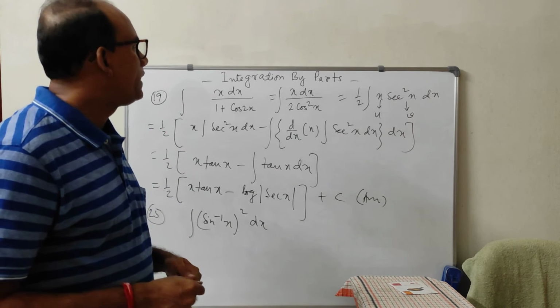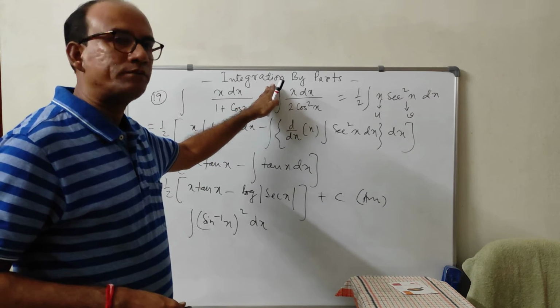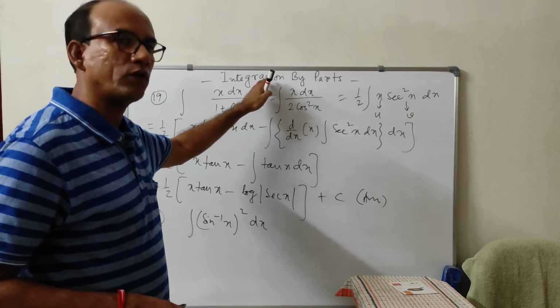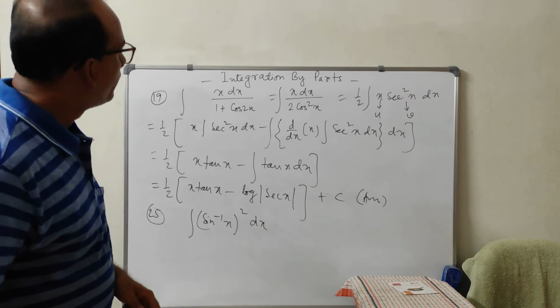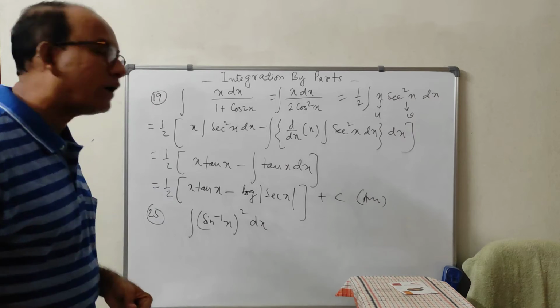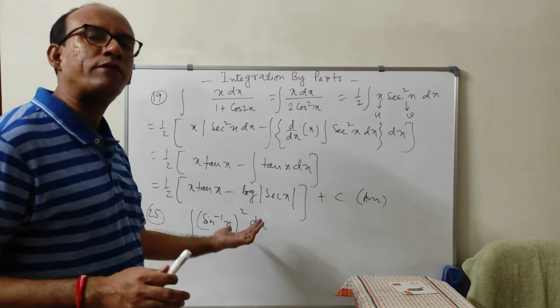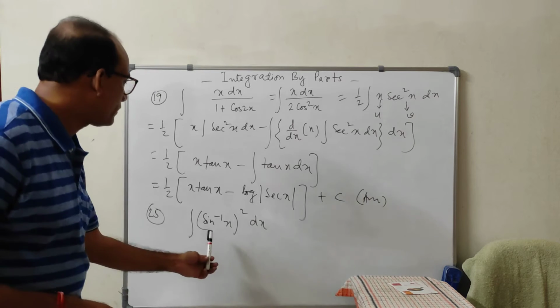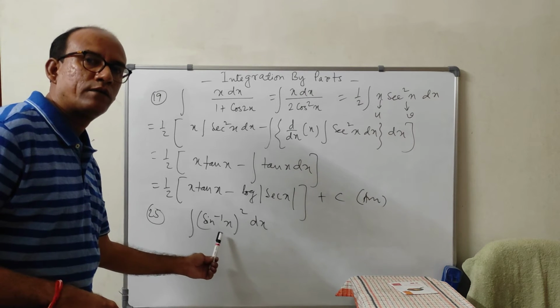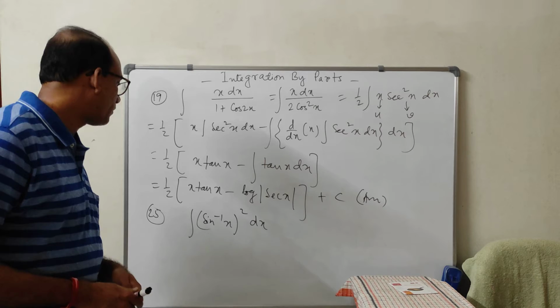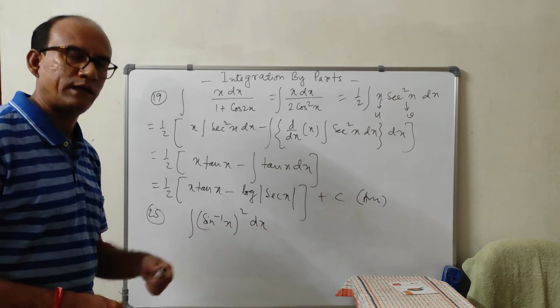So integration by parts method brought to us an opportunity to solve this kind of functions. See, this is also a trigonometric inverse circular function, and not only that, one whole square is there.